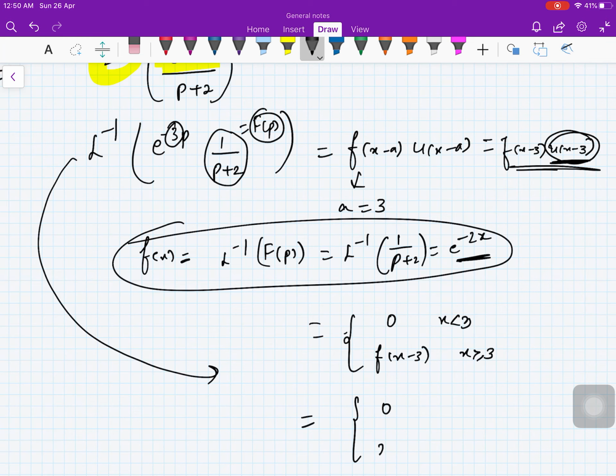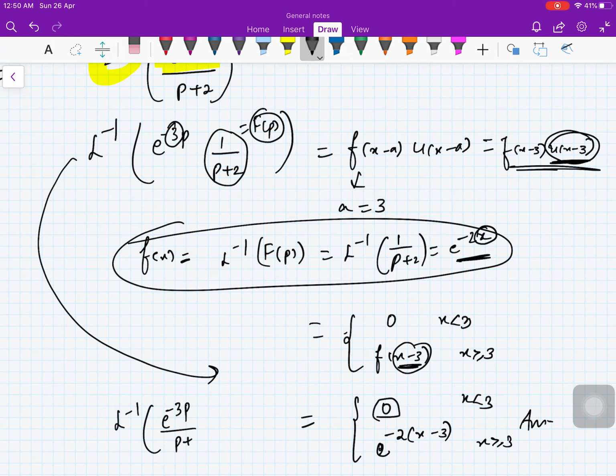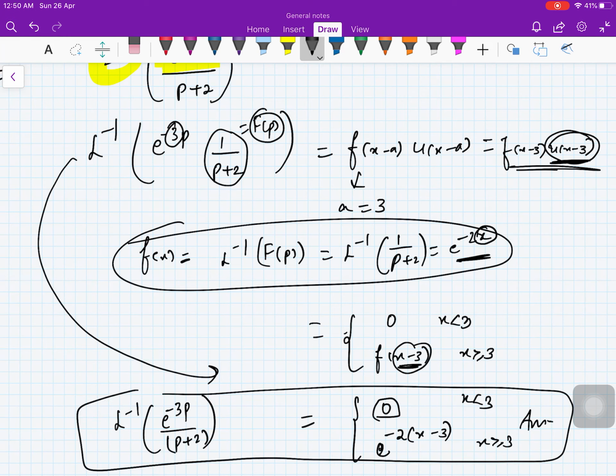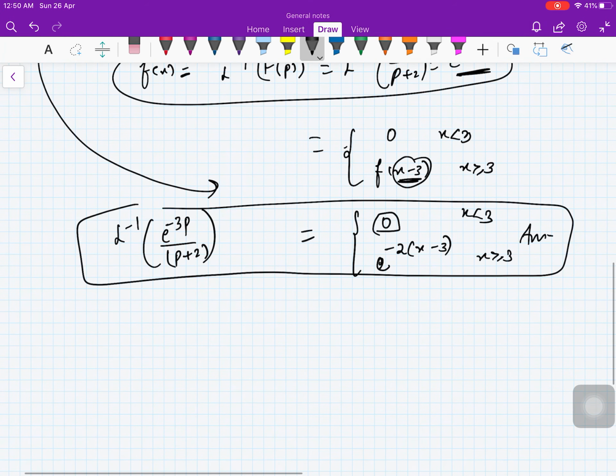So your answer here is 0 for x less than 3, and e raised to minus 2, in place of x you write x minus 3, for x greater than or equal to 3. So this is your answer to Laplace inverse of e raised to minus 3p upon p plus 2. So you see how you can use the second shifting theorem for finding Laplace inverse.